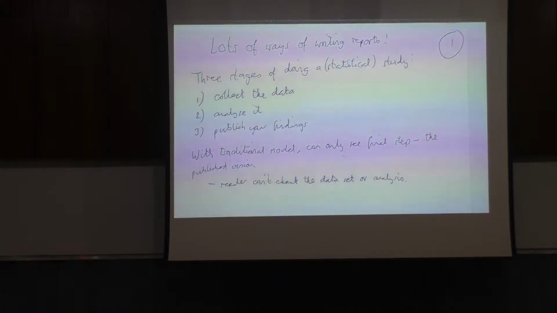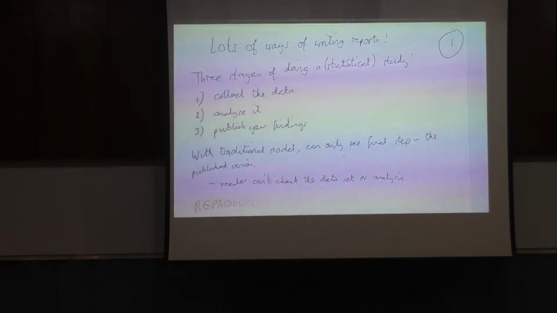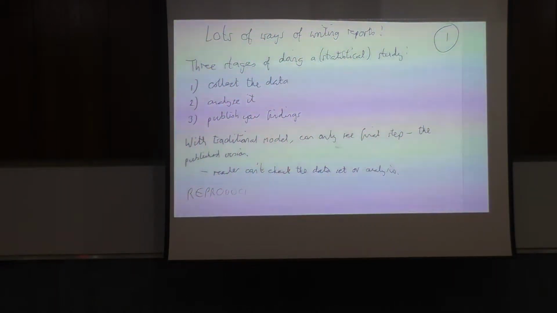And this has now led on to the idea of reproducible research. You would have chosen a red pen, that doesn't work. Let's hope the green one works. Reproducible research.